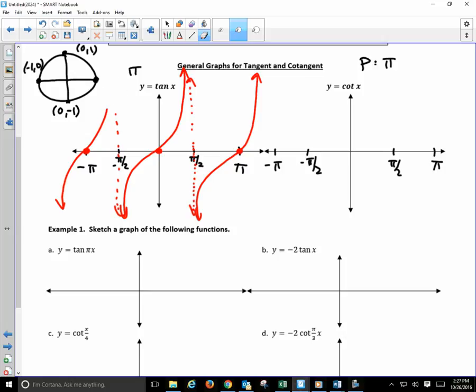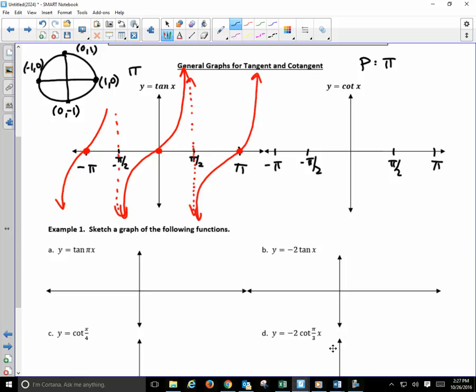Now, what is the relationship between cotangent and tangent? If tangent is 3 over 5, what's cotangent? 5 over 3. They are reciprocals, right? So for cotangent, instead of taking y divided by x, I take x and divide it by y.